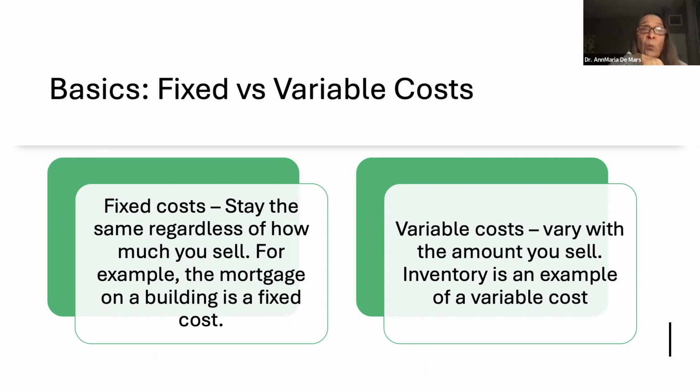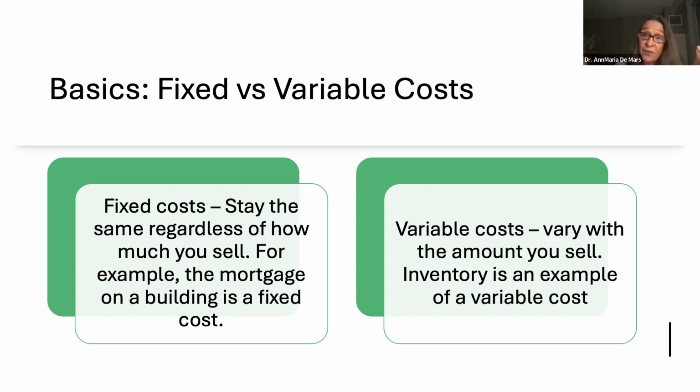Now, in rare cases with rent, like at a shopping mall, it might be $600 a month plus so much per square foot. But generally, it's not. Generally, your rent, your mortgage, your utilities, stuff like that is a fixed cost. If you bought a truck, right? The depreciation on that truck is a fixed cost.